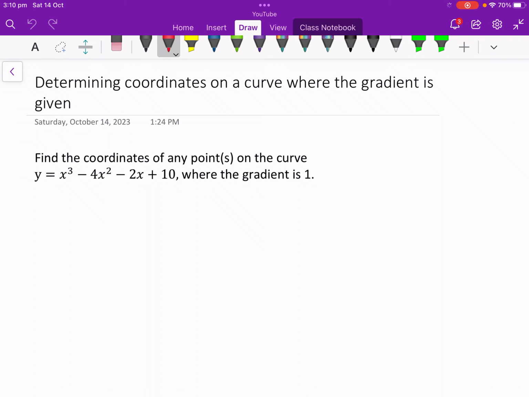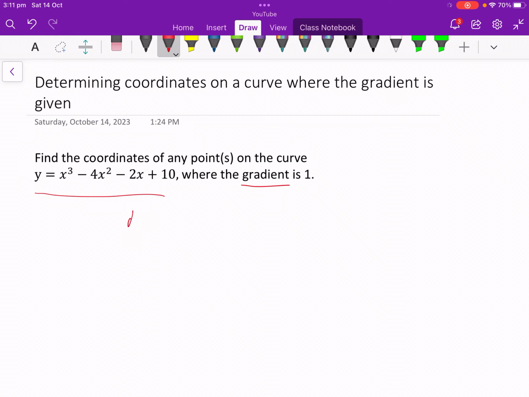So find the coordinates of any points on the curve y equals x cubed, take 4x squared, take 2x plus 10, where the gradient is 1. So you're told the gradient. If you're given your little graph and you know at a specific point the gradient's 1, it's asking you which points. Now, if you see the word gradient and a function that is not linear, the first thing to do is differentiate.